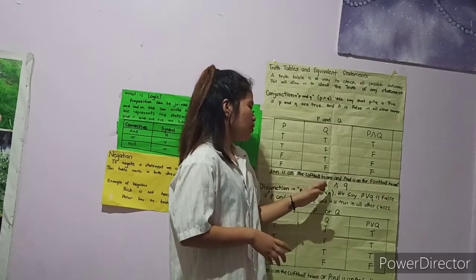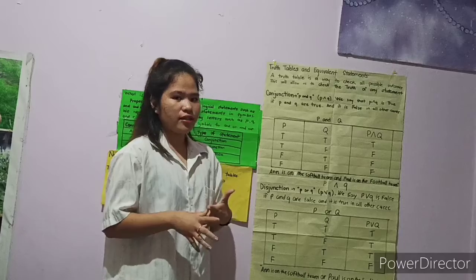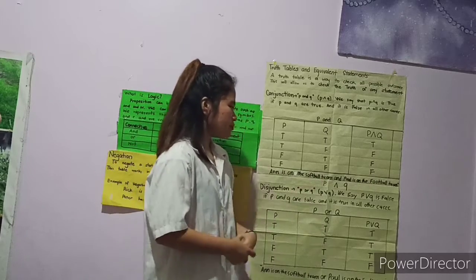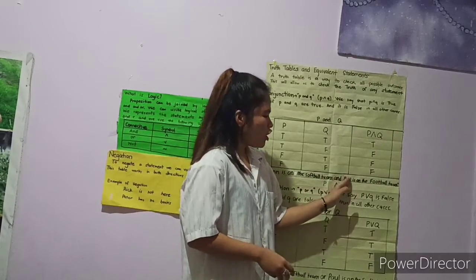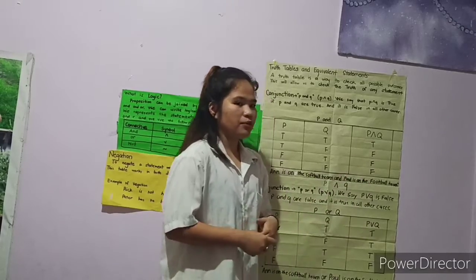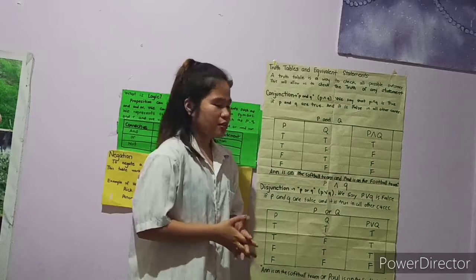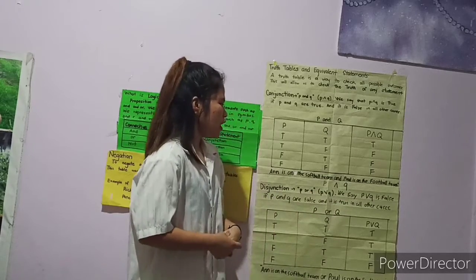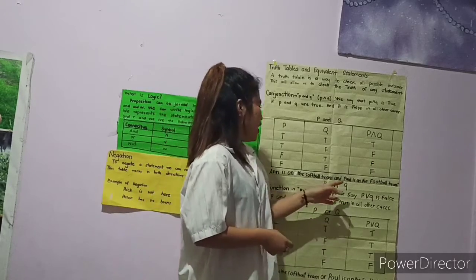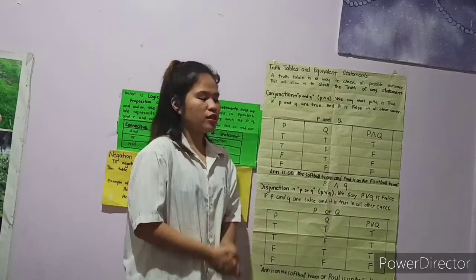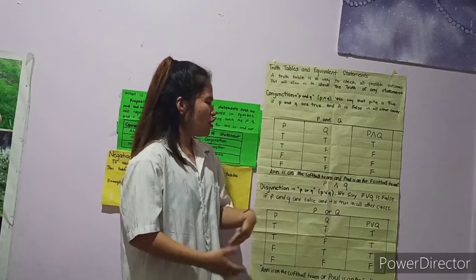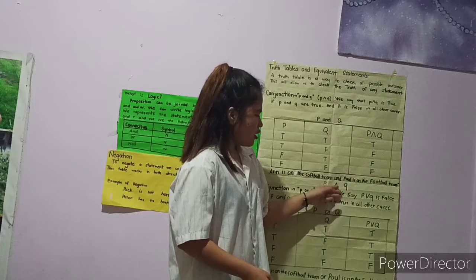Anne is on the softball team is represented by letter P. Paul is on the football team is represented by letter Q. The connecting word used is and, and the symbol is this.